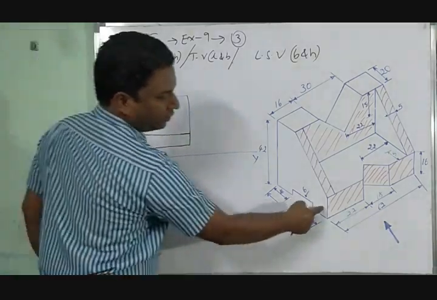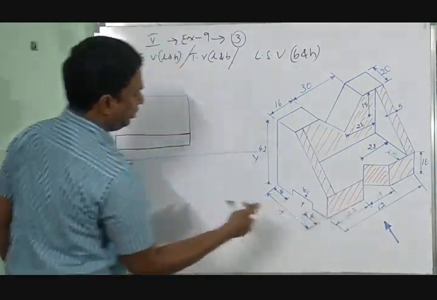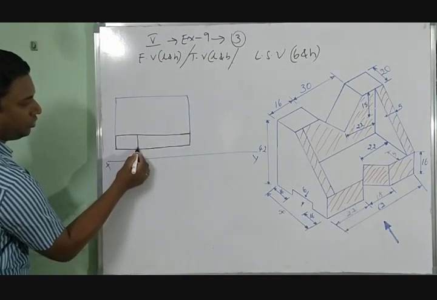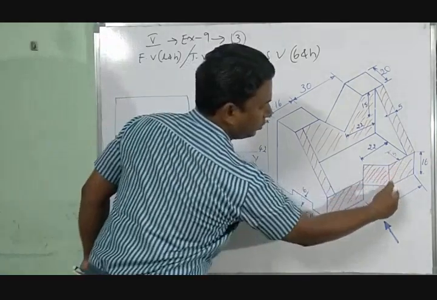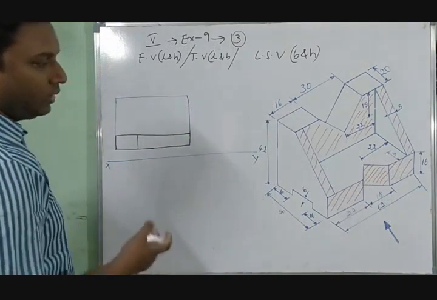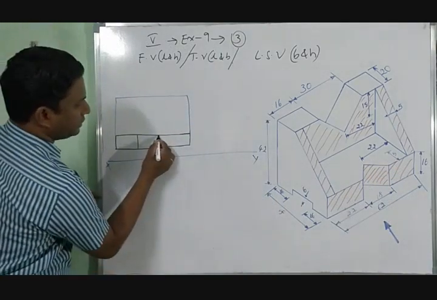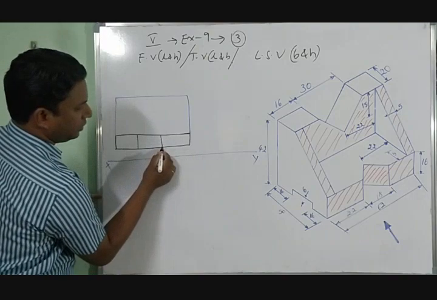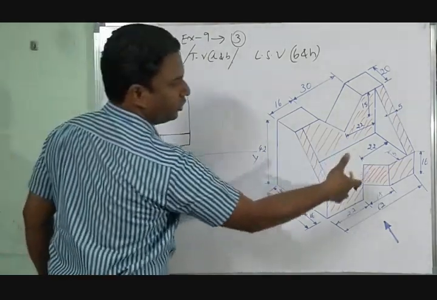Now from here to here at 22 vertical line. From here to here at a distance 22 plus 18, 30, 40, right? At a distance of 18, one more, and the remaining will be 22.